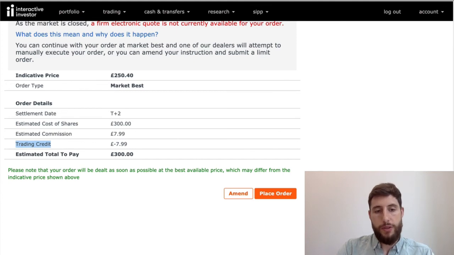So each month you get £7.99 in trading credit to use to buy trades. So effectively, one trade a month is free. Okay, so because we've got trading credit, it will be free. It's taken that off. So the overall amount estimated to pay is £300, but in reality, it will be the price of the number of shares that you're buying, which is about £250.